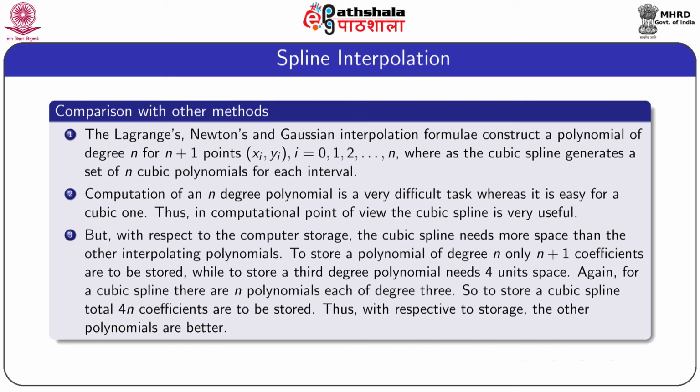But for a cubic spline there are n polynomials each of degree 3. So, to store all n cubic splines, we have to use 4n units of memory space. Thus, with respect to storage, the other polynomials are better than the cubic spline polynomials.